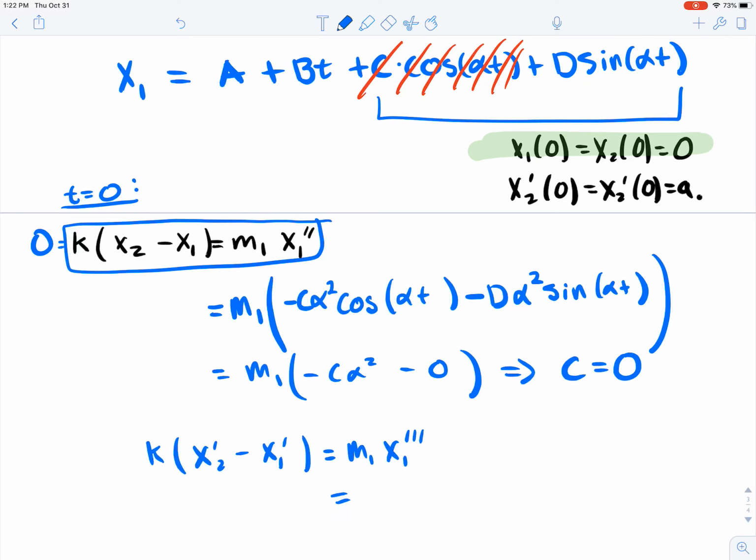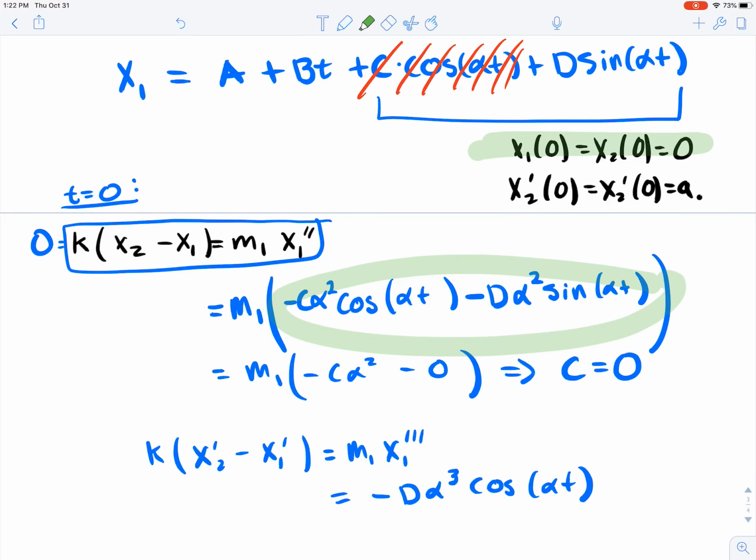So we can go ahead and take the derivative one more time, and what we're going to get is negative d alpha cubed cosine alpha t.